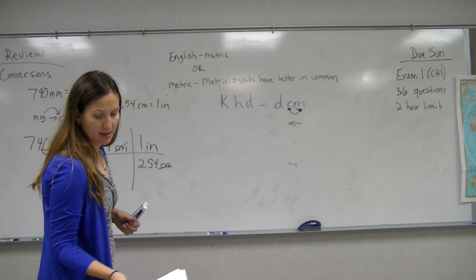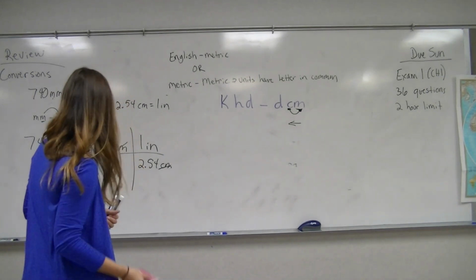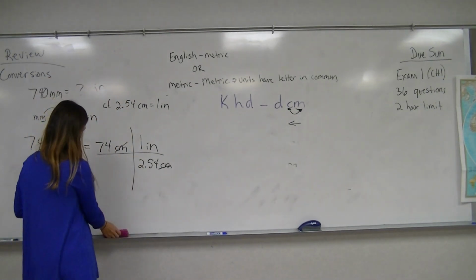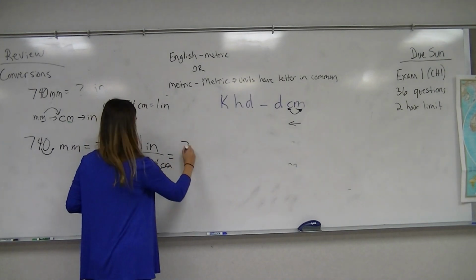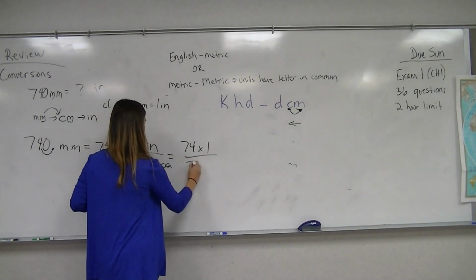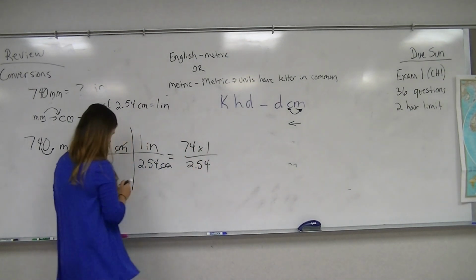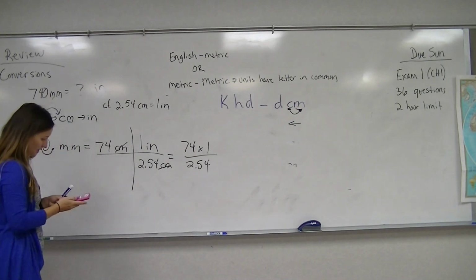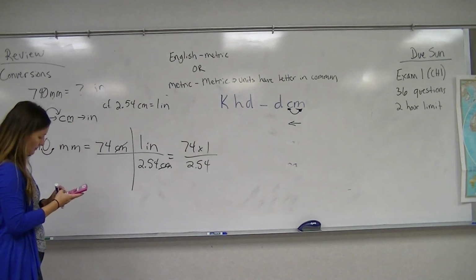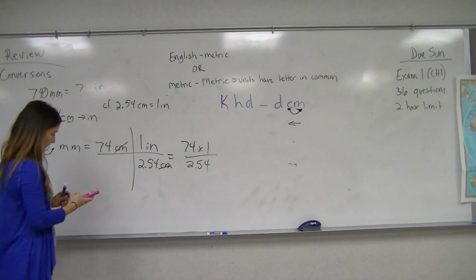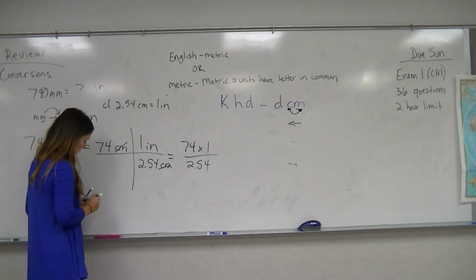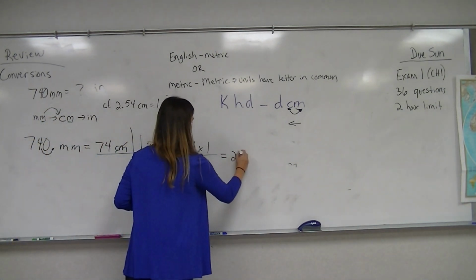When I calculate this out, for those of you who like it written out, write it out quick. Basically taking 74 and dividing it by 2.54, I get 29.1338.